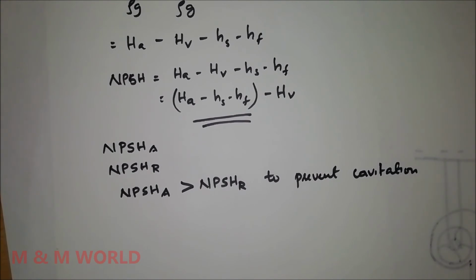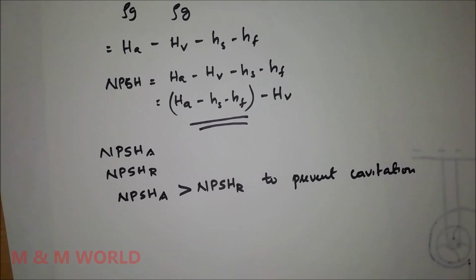It can be avoided by keeping the pump low, or if the liquid used is cold liquid, then the vapor pressure will be low. The third one is to reduce the suction losses, that is, reduce the pipe fittings on the suction pipe. Then lower the suction velocity. By this we can avoid cavitation.